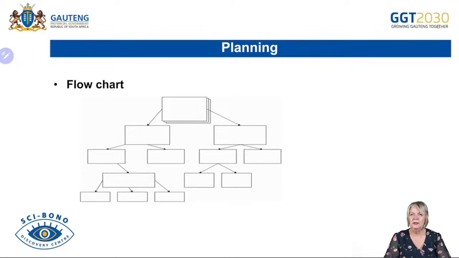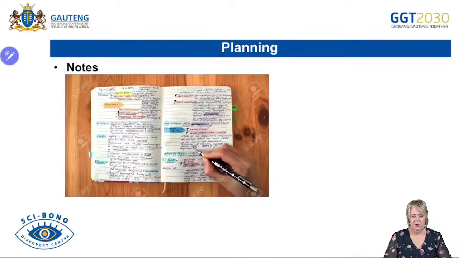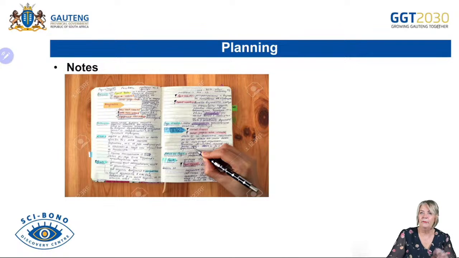A flow chart is more organized, even though it also cascades out. It's a little neater, a little more organized. So you can do your planning like this as well. Or you can plainly just write down notes, thoughts that come to mind, and you rule out and scratch out and add something else and add numbers, and that is your planning.